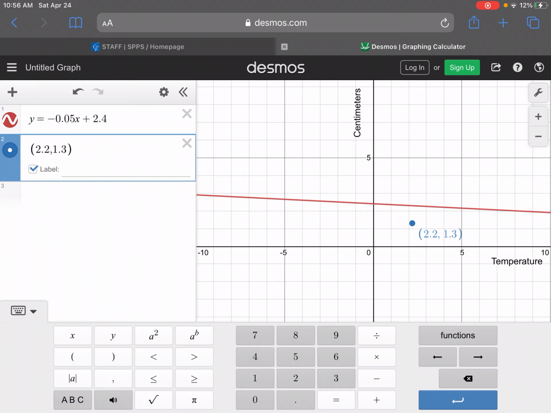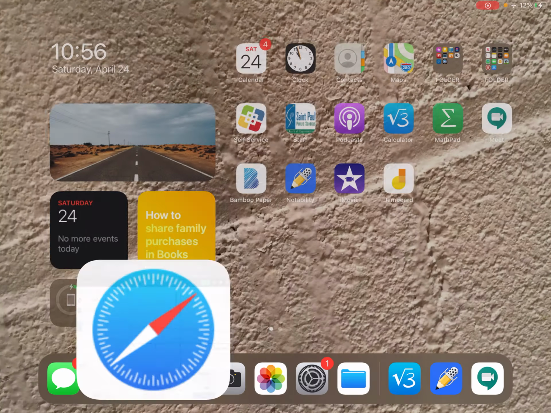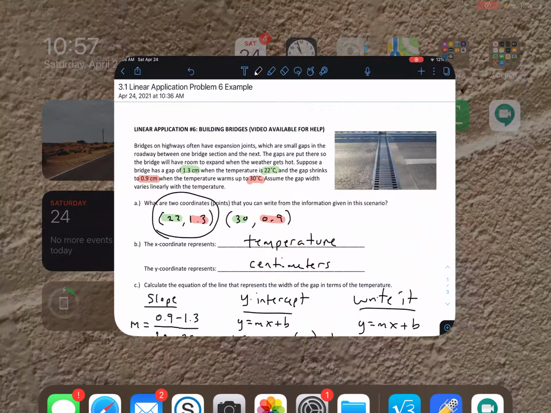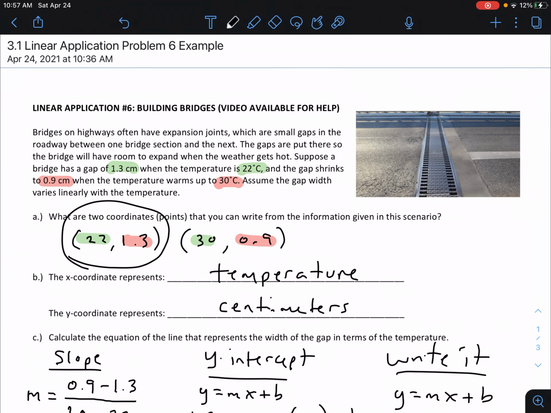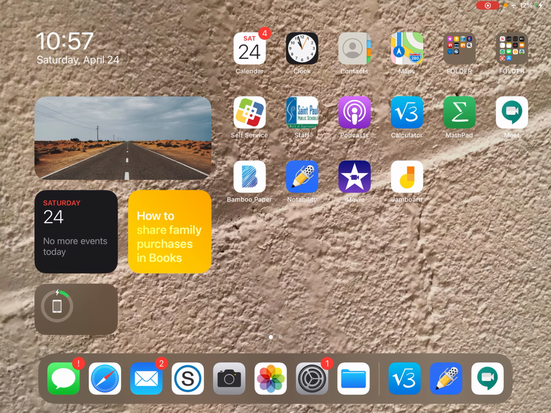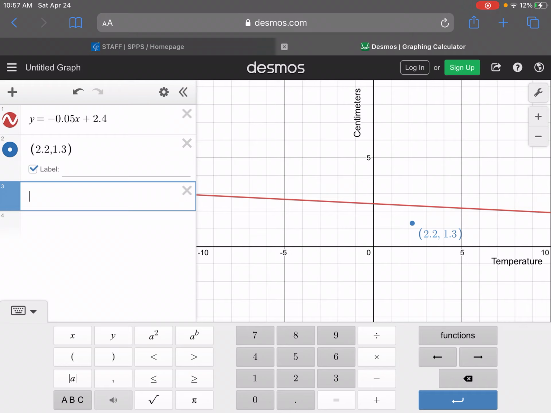Why is it not on our graph? Let's try the other one. Oh, I know why. It wasn't 2.2, was it? Let's go back and check. Aha, it was 22, not 2.2. Oof. Had me nervous there for a second that I really messed up.